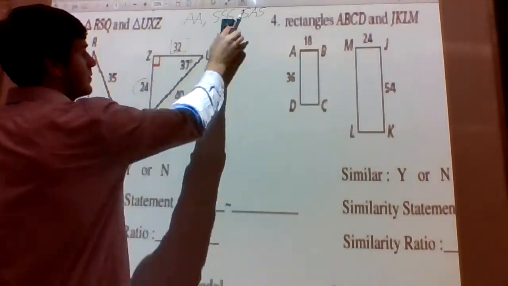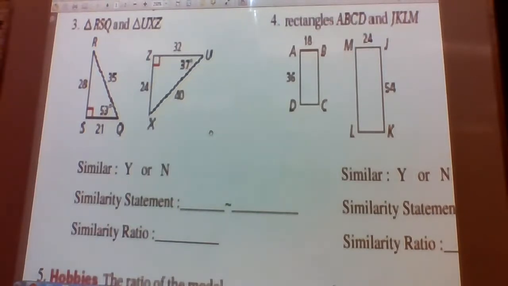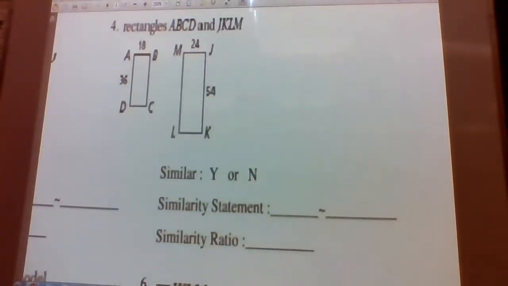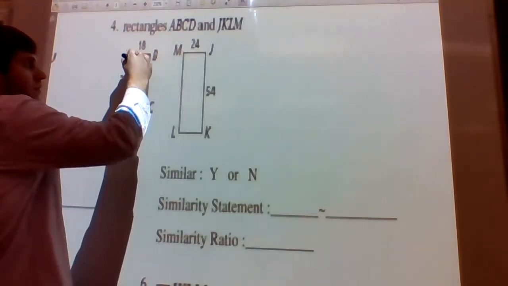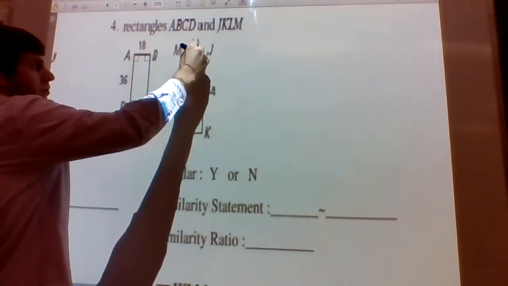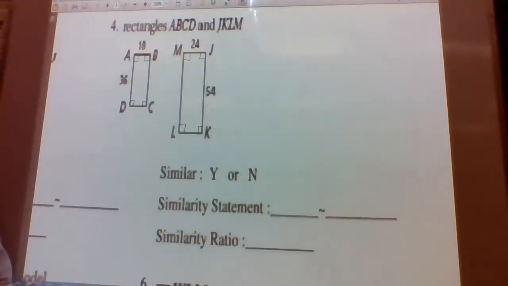Okay, number 4. So these are rectangles. What do we know about rectangles? We know all of their angles are right angles. So how do we define similar polygons?